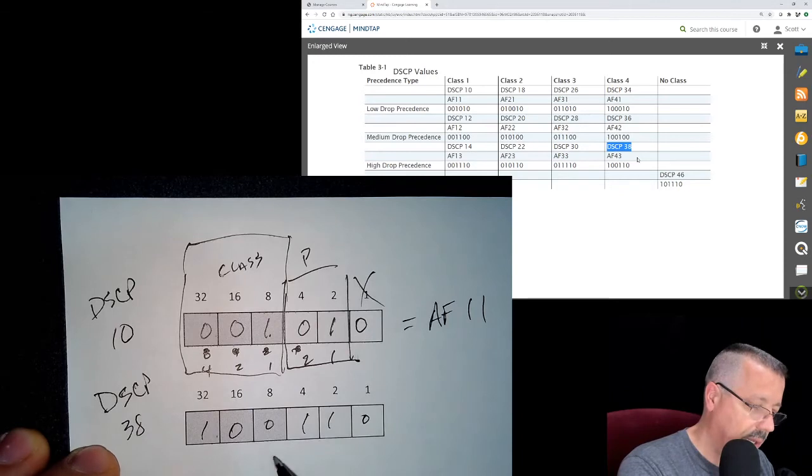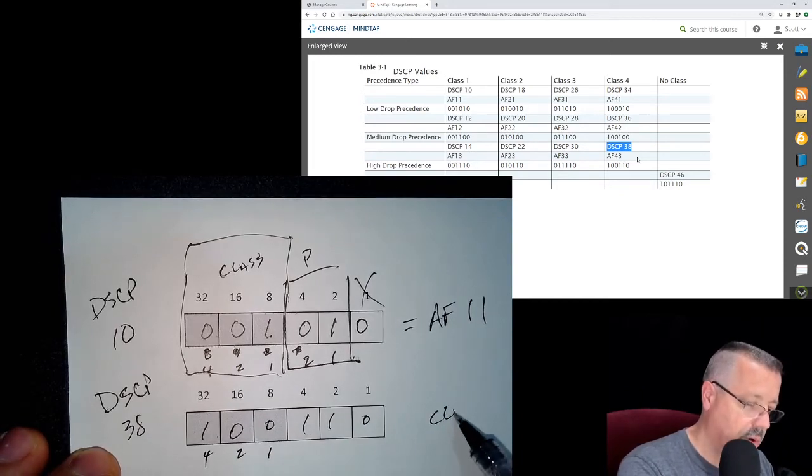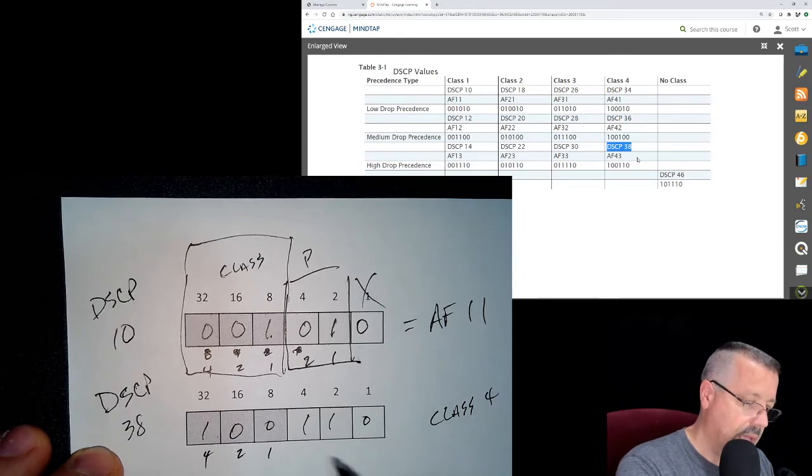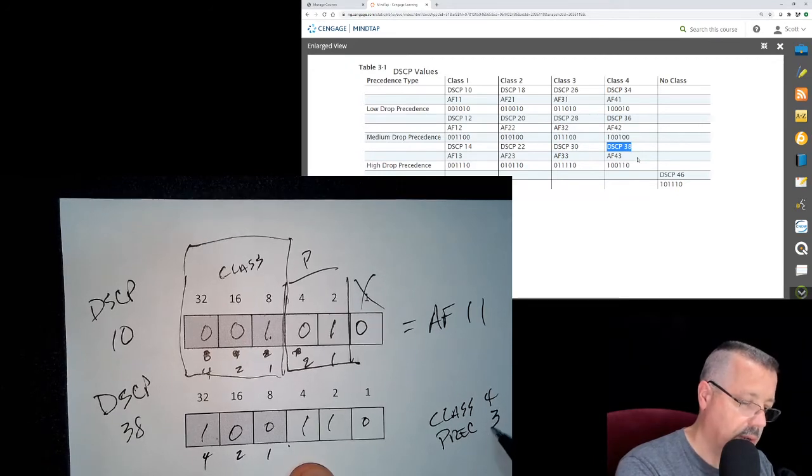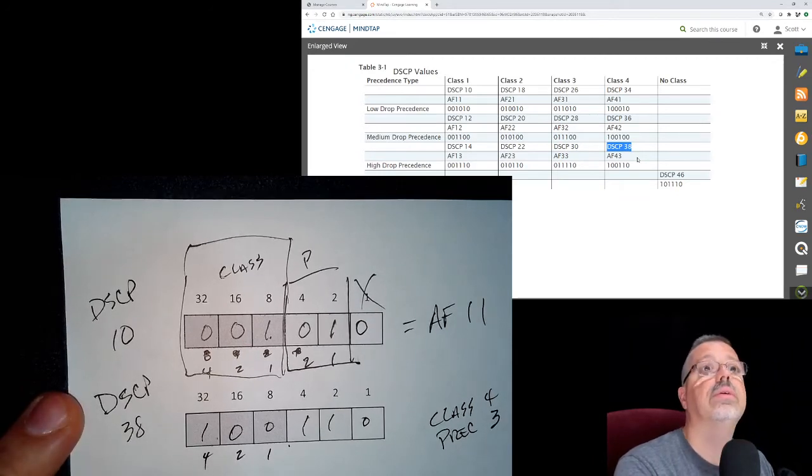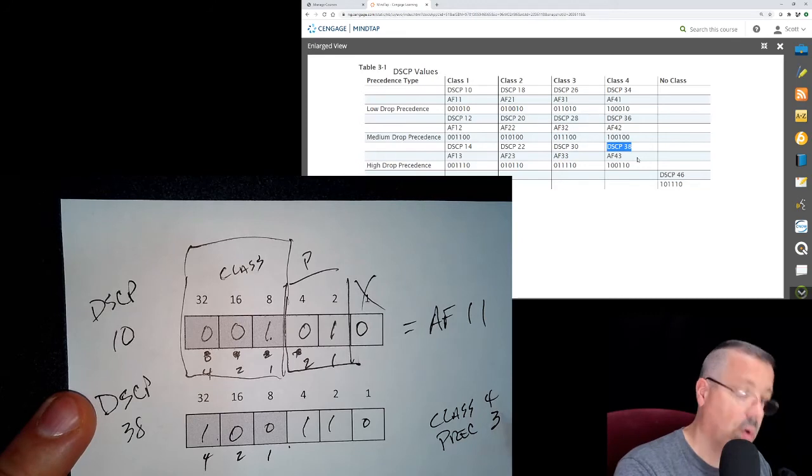So this would be 1, 2, 4. So that would be class 4, and it would be precedence 3. All right. So that would be AF43.